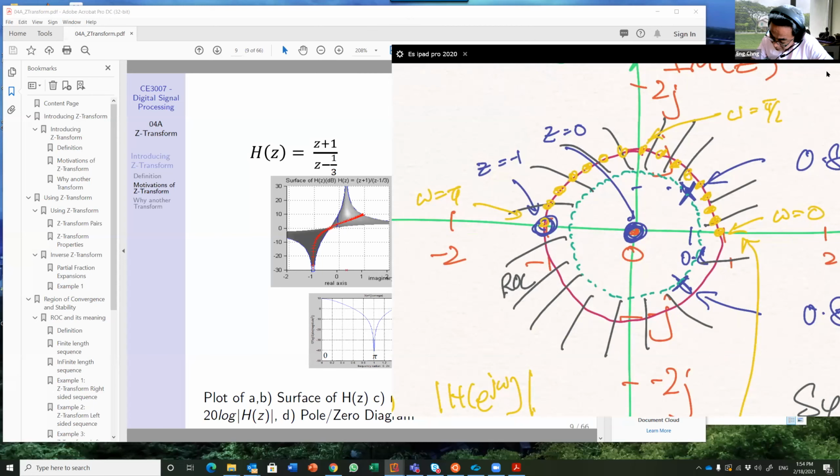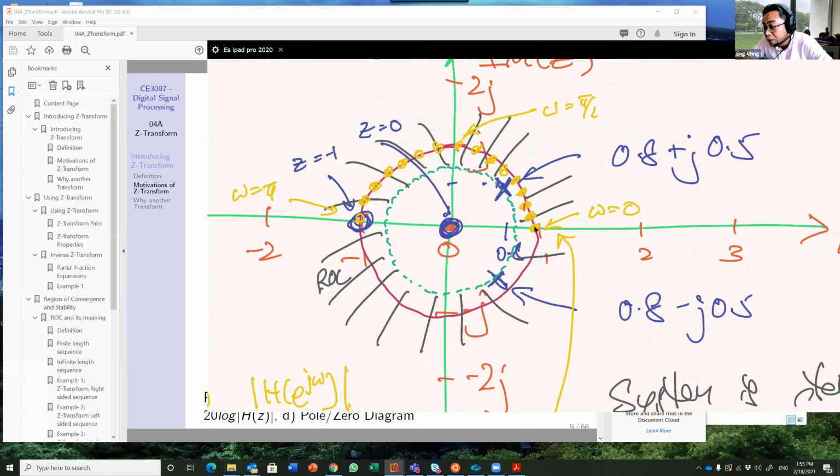Let me find, as we are moving along, okay, I'm going to use my arrow. You can see my arrow? As we are moving along this position, the word moving along means as we are evaluating H(z) at this frequency, you realize that we are very near a pole.